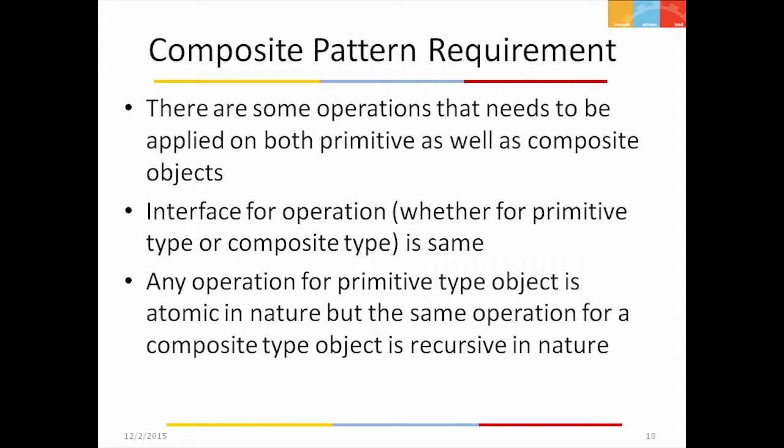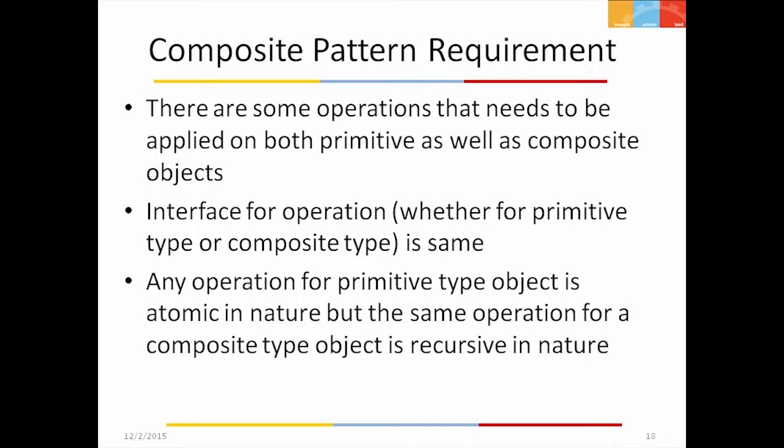So when an operation is performed on a primitive type, it is atomic in nature, but when this operation is applied on a composite type, then it becomes kind of recursive in a sense that the operation that is applied on the composite type in turn applies the similar operation on its components.